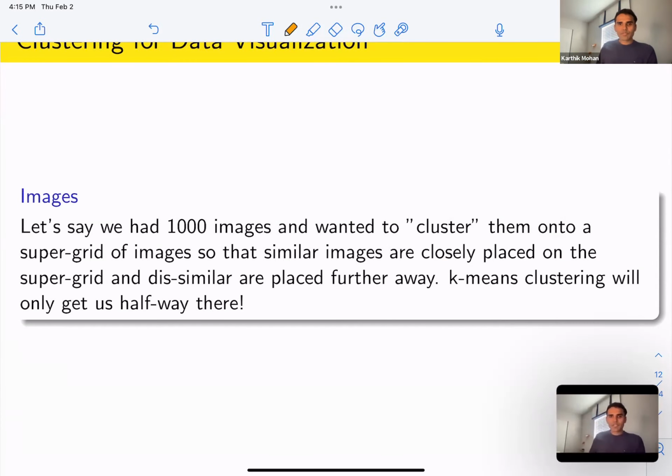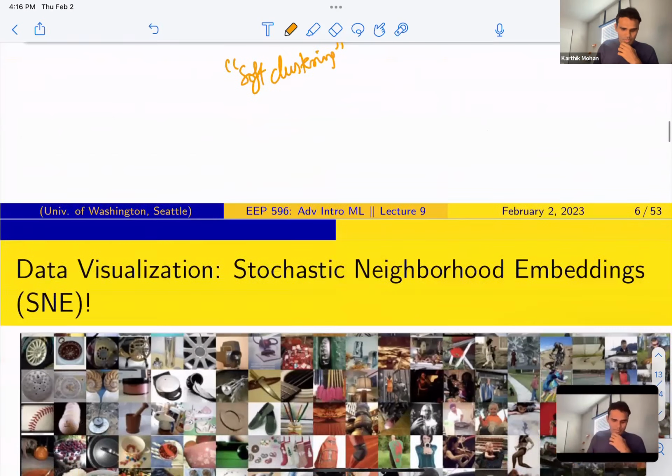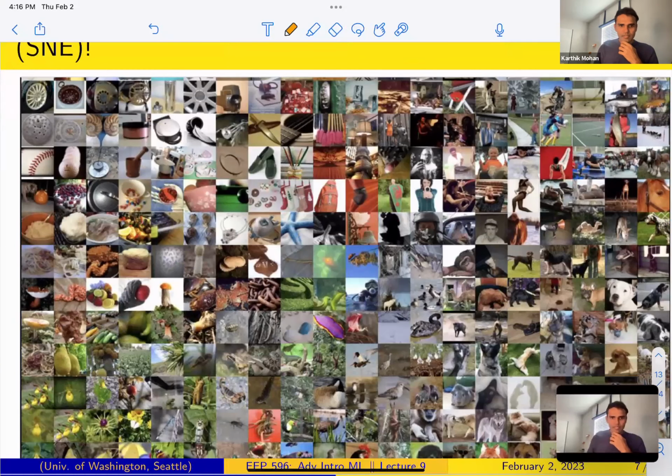It's a little bit ambiguous how K-means will help, right? So you can call this soft clustering, because it's not exact clustering, but you're saying any part of the supergrid will look similar, and different parts of the supergrid will convey different kinds of images. So there is a clustering going on, but it's soft. It's not like there are 5 exact clusters, because it's a supergrid, right? So suppose you have a supergrid that looks like this.